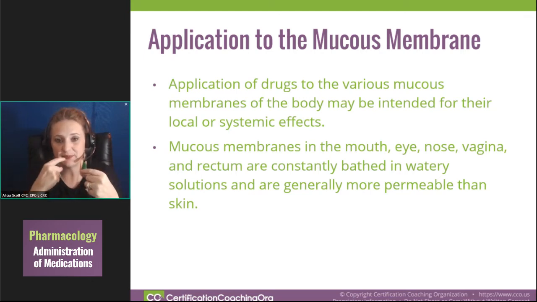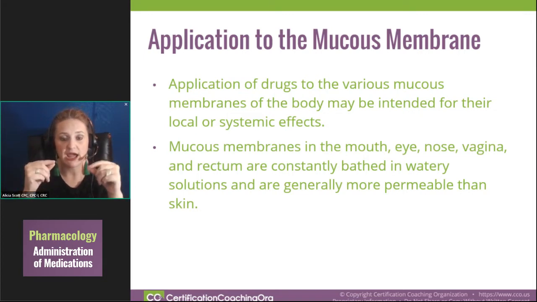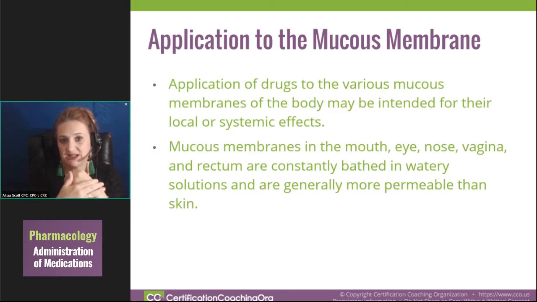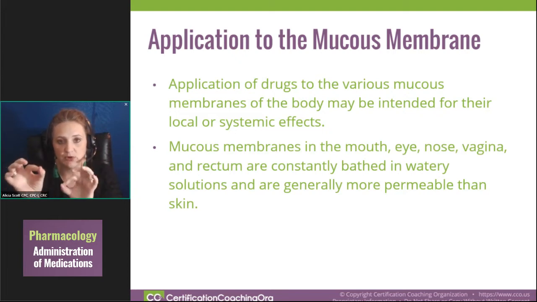So if you put something in your mouth, right, it's going to permeate and go through the mucous membranes, whereas if you put it on the top of your hand, on your skin, the dermis isn't going to have that same permeability because of the fluid in and out of those mucous membranes. Oh, also the eye. I didn't mention the eyes because that's permeable. So those membranes are more permeable than the skin.